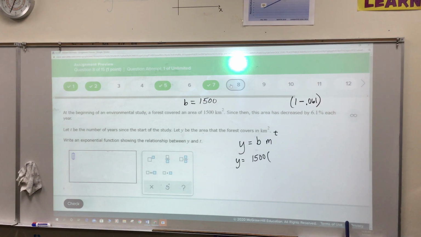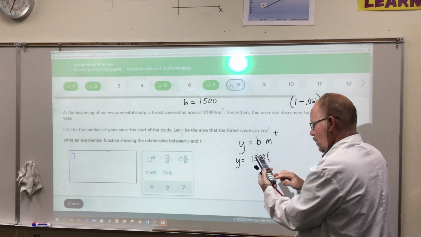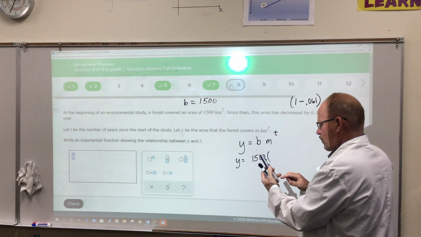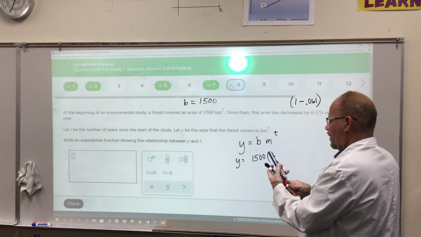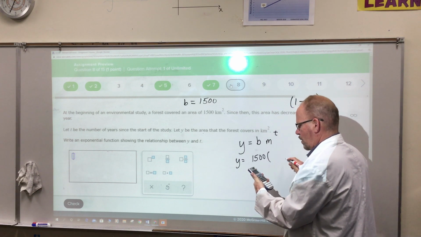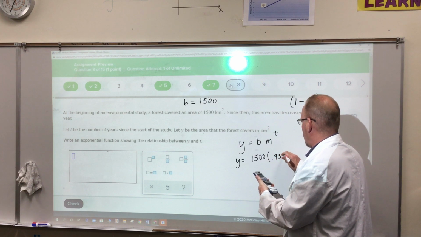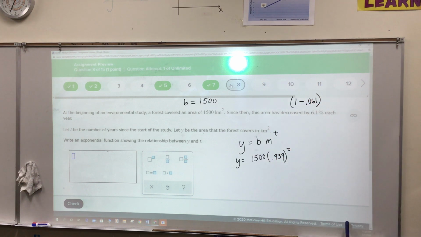Pick up your calculator. 1 minus 0.061 equals 0.939. So y equals 1500 times 0.939 raised to the t power. There you go. There's how you do it.